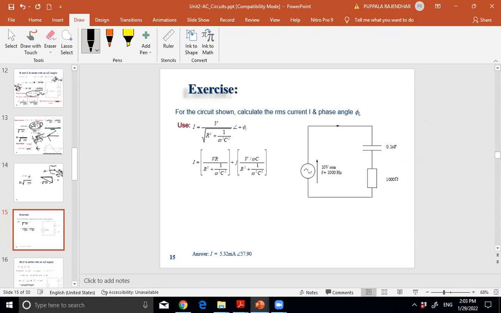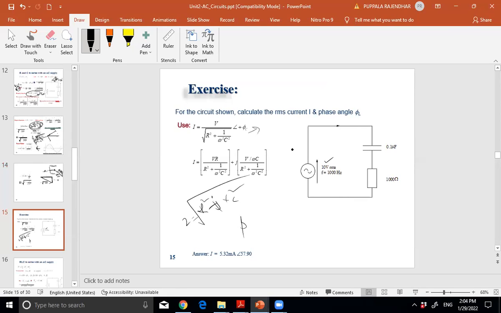So for this RC circuit problem, how to find the current? Current is equal to V by Z. V is already given. And what is Z? Z is equal to R minus J into XC. So find the amplitude here: square root of R square plus XC square. What is phi?